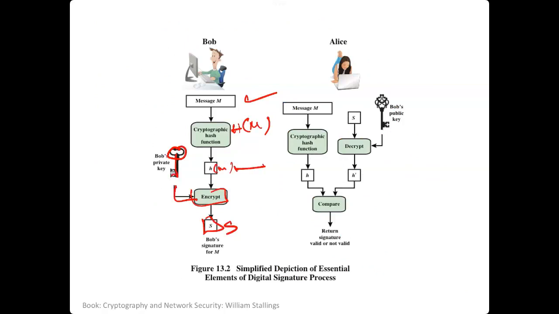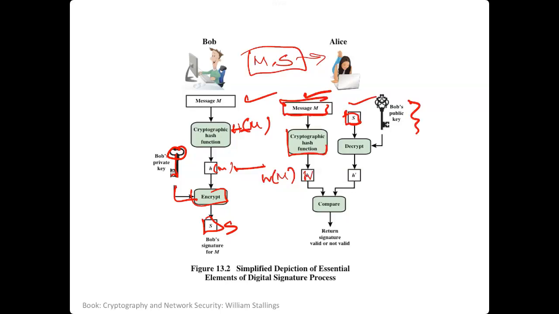Okay, now he sends both M and S, the signature, to Alice. Alice receives both. This is M and this is S. Now Alice applies the same hash function here and gets H, so this is H of M. Then on the signature she applies the public key, and as a result of that, what she gets is H dash.